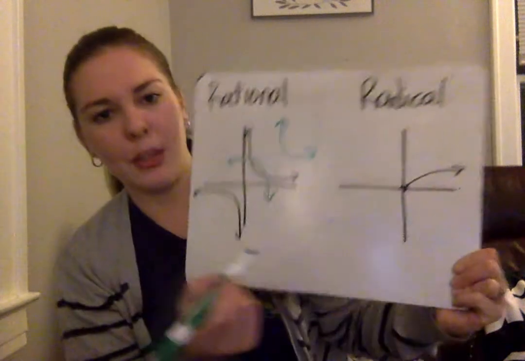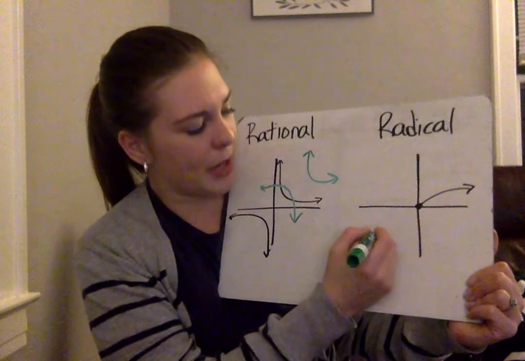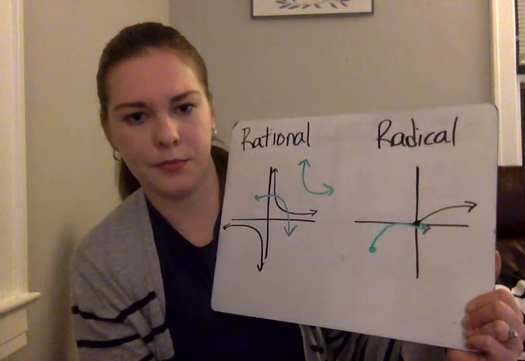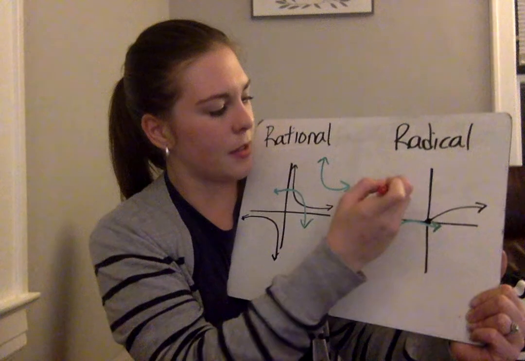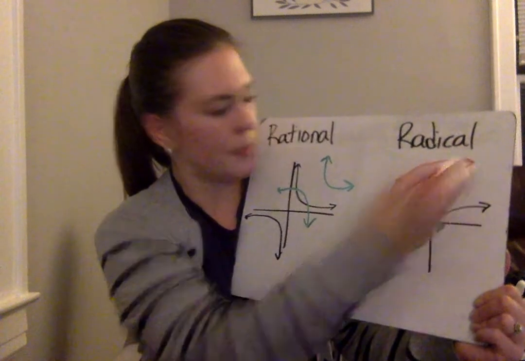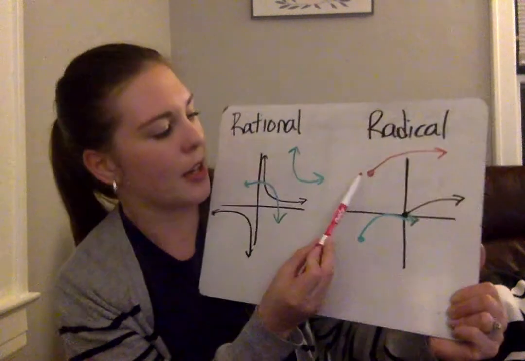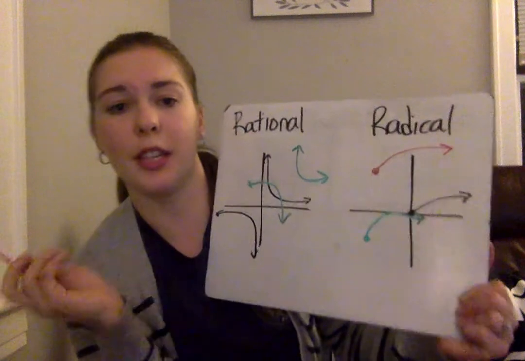So I could have a radical function that looks like this. Or maybe I have a radical function that looks like this. All still part of that radical family because we have that starting point and extending one way, looking kind of over that hill.